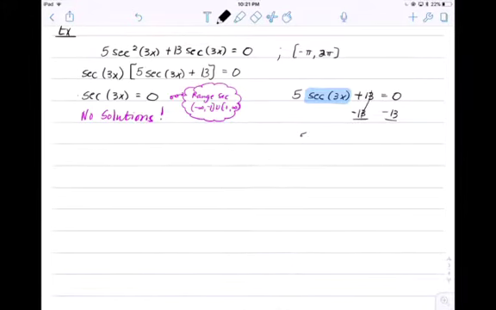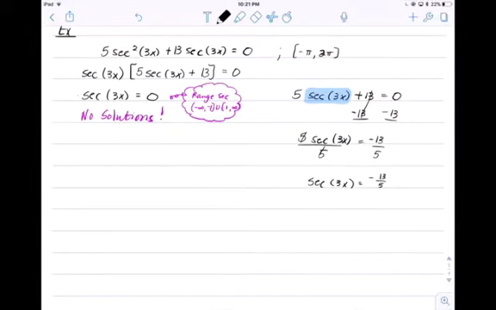Just algebra. 5 secant of 3x equal to negative 13. We still don't have secant of 3x by itself, so let's divide by 5. These cancel out. We get secant of 3x equal to negative 13 over 5.